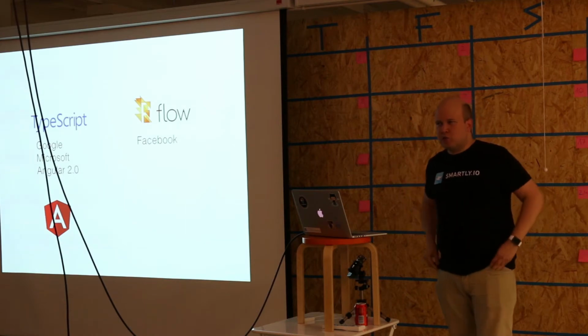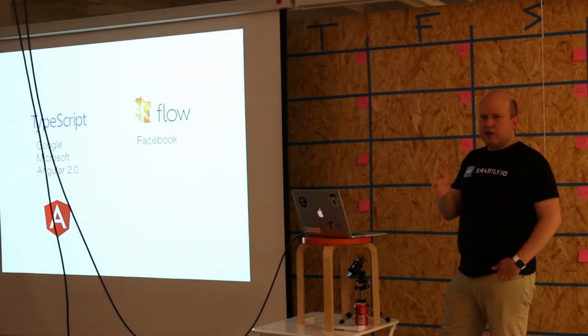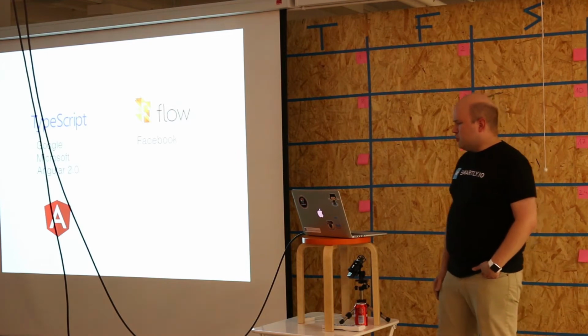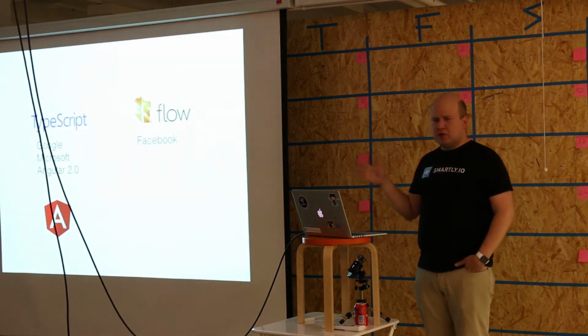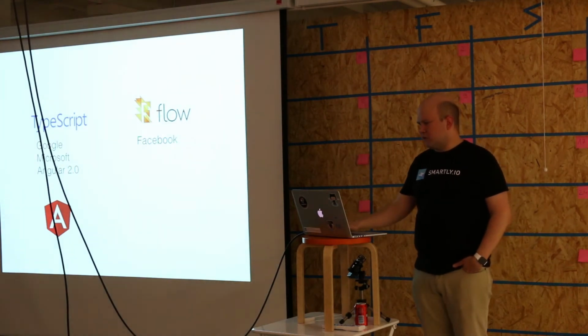So it even supports that kind of syntax, and you can use it if you can't break the standard JavaScript syntax for some reason. But basically, TypeScript is kind of similar to CoffeeScript in the sense that it gets compiled and it is a separate language.